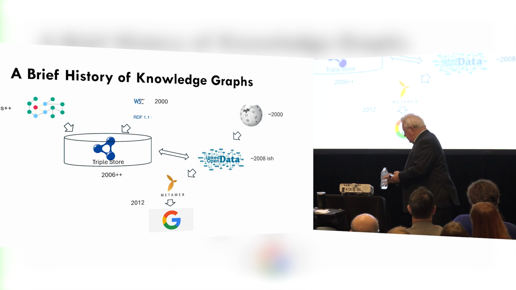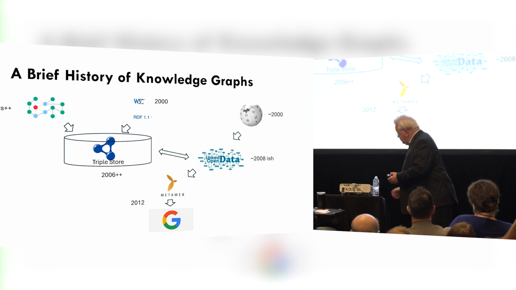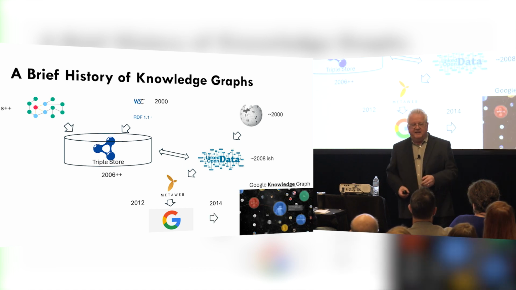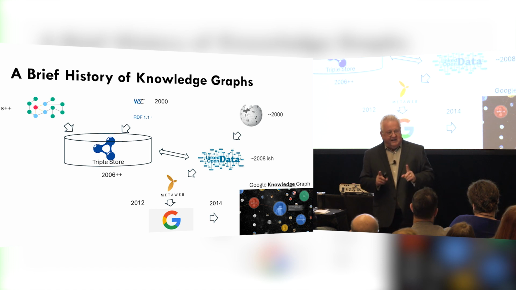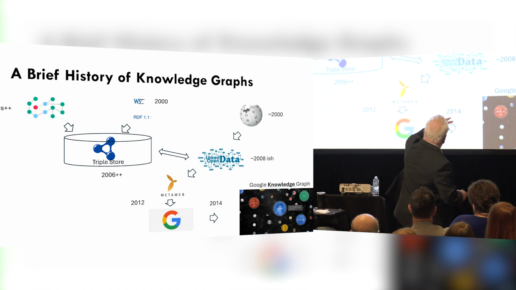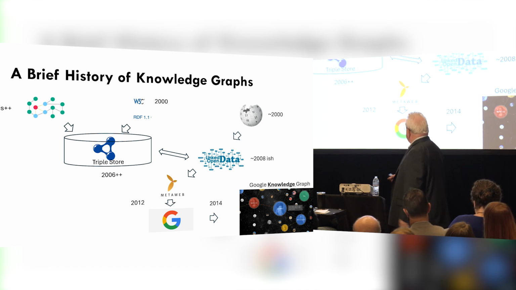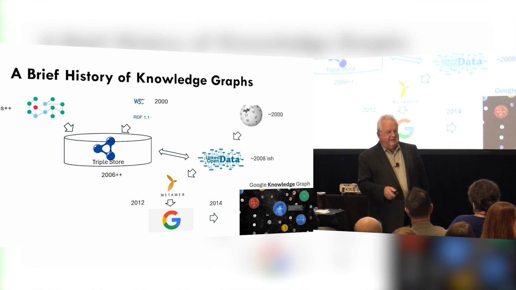Then it goes dark in Google, as things do, for about two years, and emerges as Google's knowledge graph. I think this is where the knowledge graph label came from, because throughout all the rest of this it was just graph databases and triple stores and RDF. And this is, in some ways, why there's not a lot of knowledge in a lot of these.